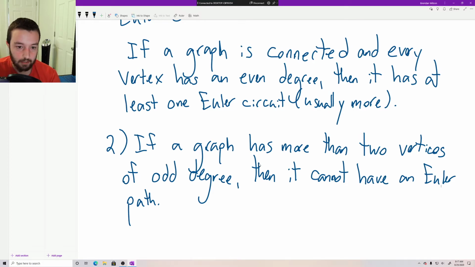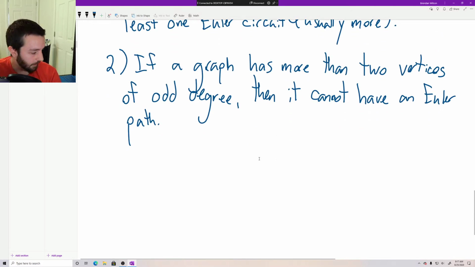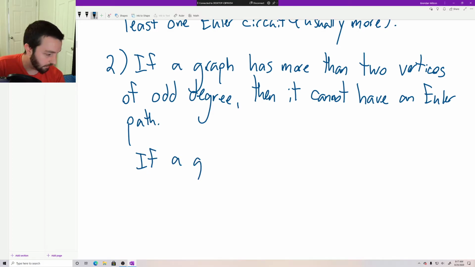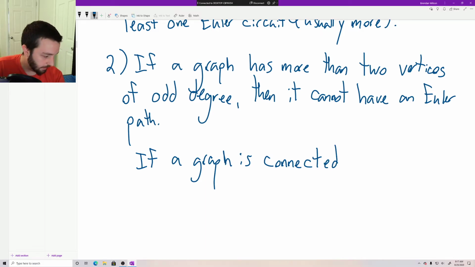Now, this isn't to say so far that if we have 0, 1, or 2, it's guaranteed. The next part of the theorem says if a graph is connected, so again, it's always just got to be connected. If it's not connected, we can't even really talk about this.